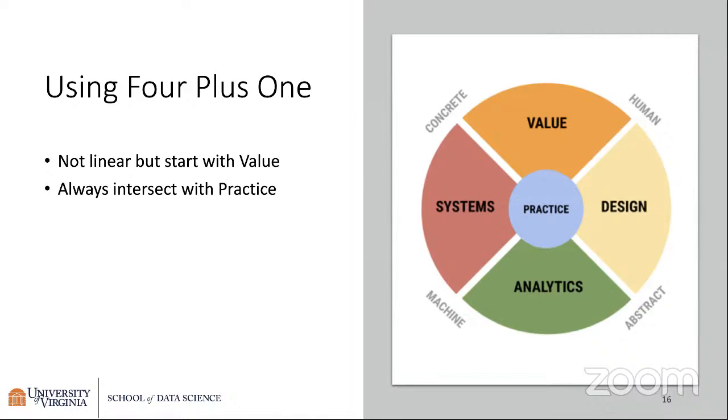And if you happen to be an expert in whatever domain, which I think most of you probably are, you then are actually intersecting at the value, design, analytics and systems area as well. You're kind of coming from the middle out, and you're saying, okay, I'm going to do these pieces. And that's great. And that's the kind of thing we want you to think about, is that practice intersects with everything.